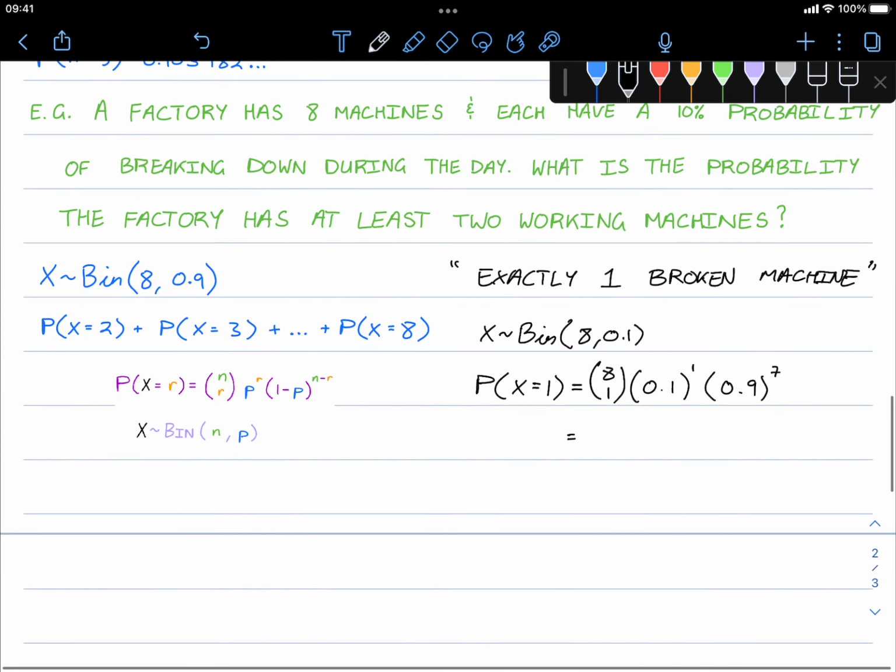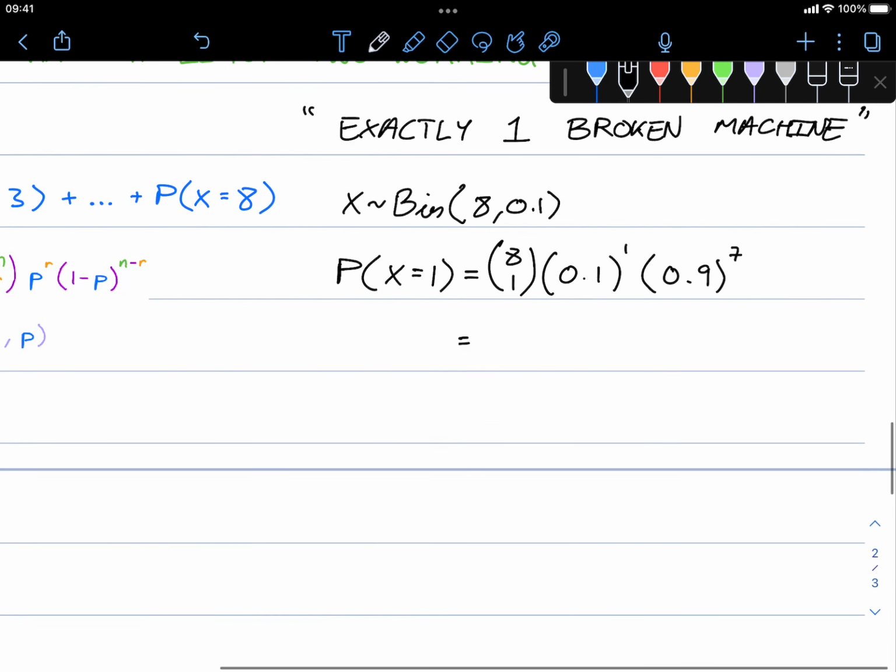Now when we calculate this, let me just grab my calculator here. 8 choose 1 times 0.1 to the power of 1 times 0.9 to the power of 7. This gives us, in decimals, 0.382.